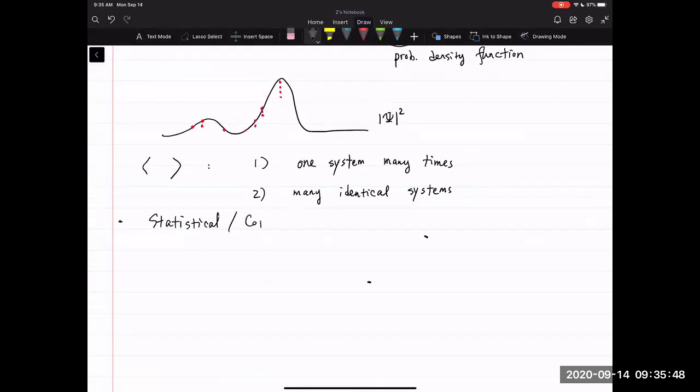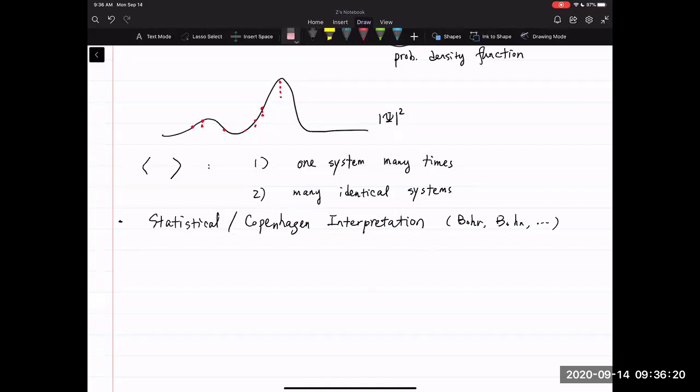It was proposed by many of the pioneers of quantum mechanics, like Bohr and Born, actually a bunch of people from Copenhagen. That's why it's called the Copenhagen interpretation.